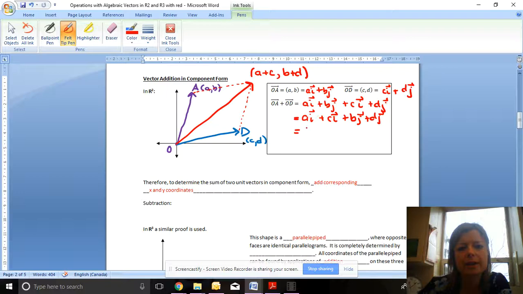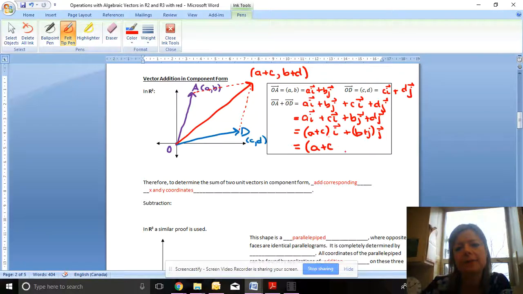Now we can collect like terms. So a plus c can be the coefficient on our i vector, and b plus d can be the coefficient on our j vector.